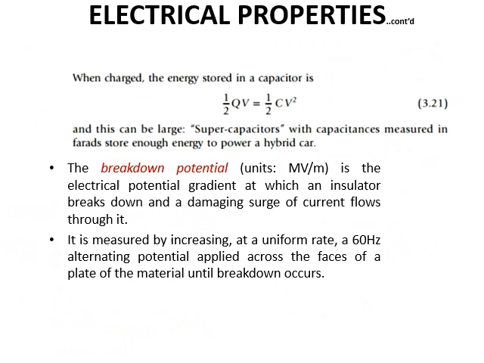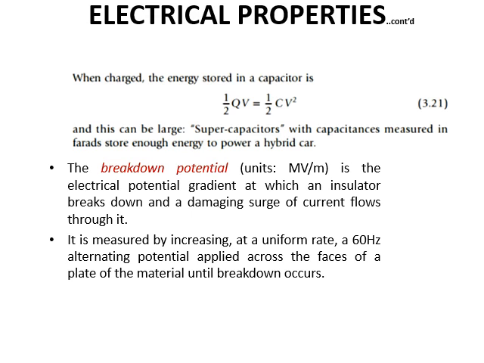When charged, the energy stored in a capacitor is one half QV, which is equal to half of CV squared. This can be large; a supercapacitor with capacitance measured in farad stores enough energy to power a hybrid car.